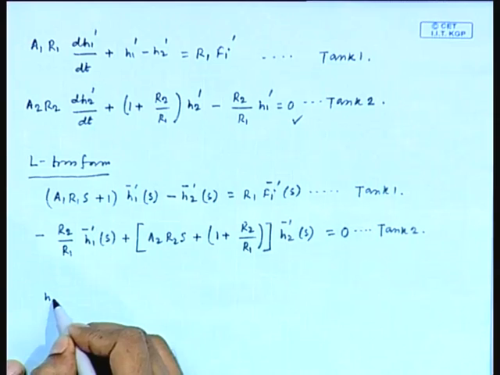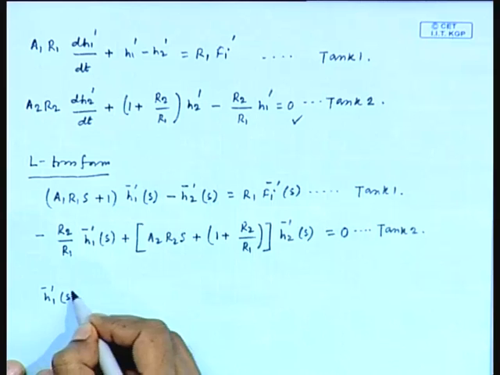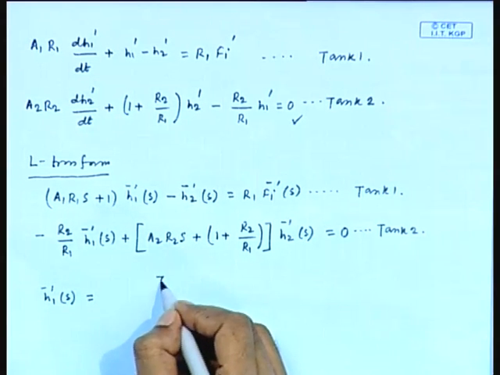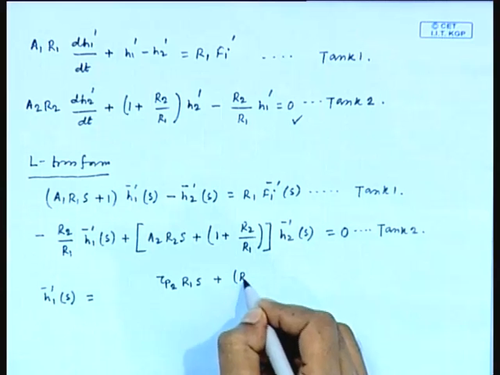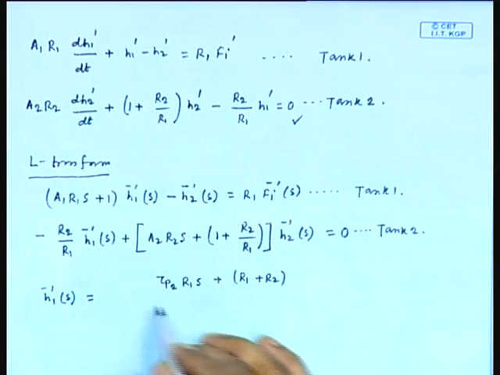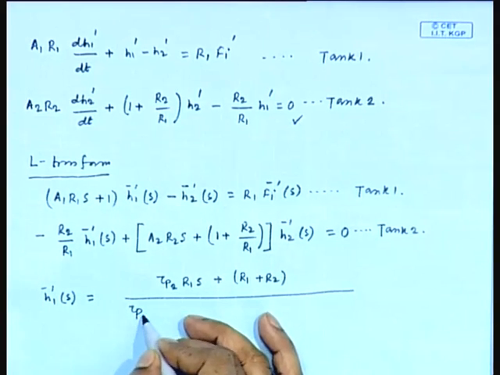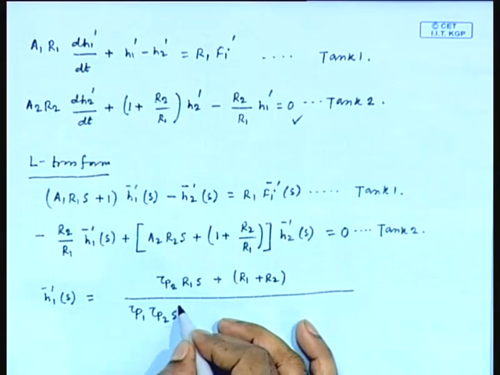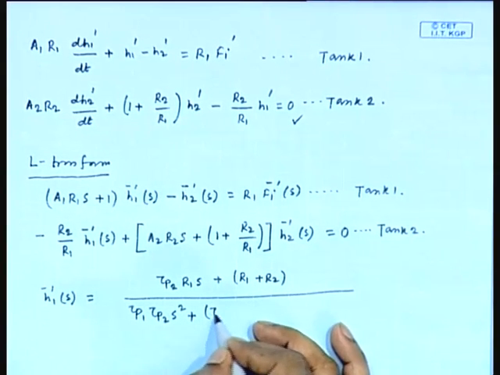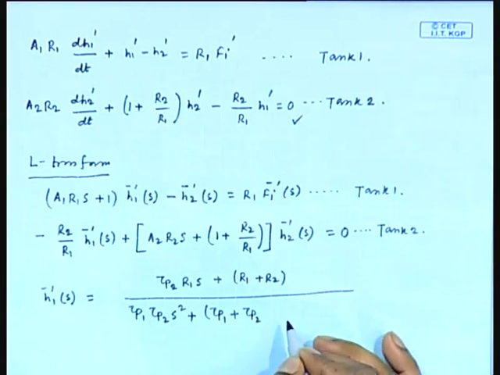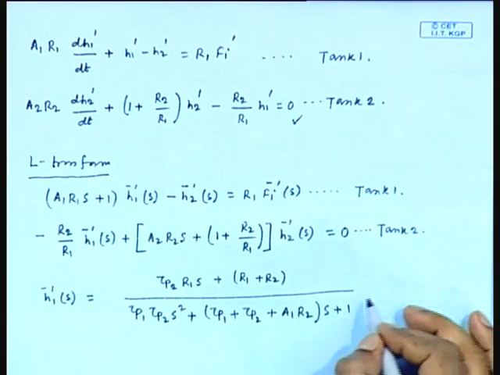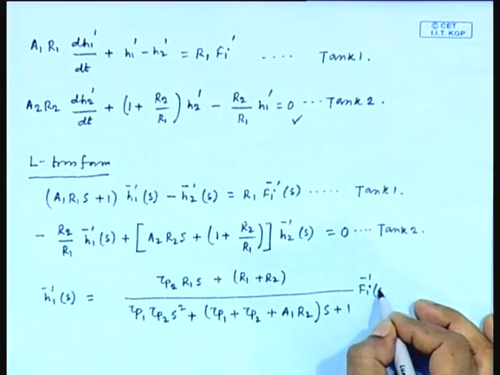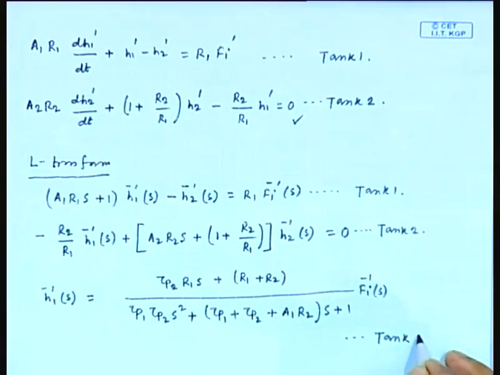Solving these two equations, we get the transfer function for tank 1 as H1 bar prime S equals tau P2 R1 S plus R1 plus R2 divided by tau P1 tau P2 S square plus tau P1 plus tau P2 plus A1 R2 multiplied by S plus 1 Fi bar prime S. This is for tank 1.